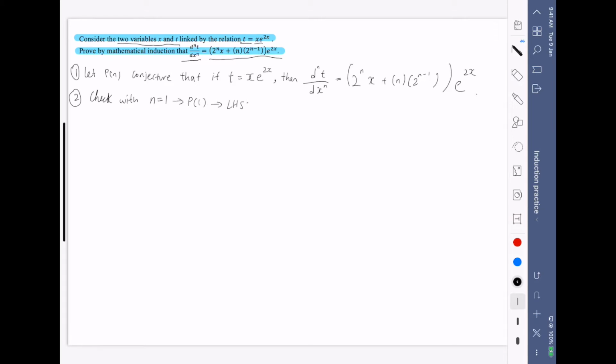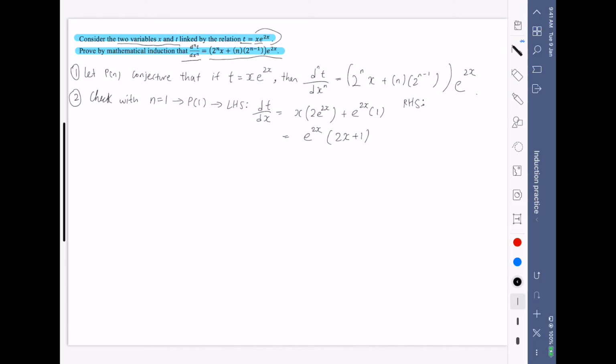Let's look at the left-hand side first. If we differentiate the left-hand side, that would be dt over dx, and if we use the product rule here, that would give us x times 2e^(2x), the derivative of e to the power of 2x, plus e to the power of 2x times 1, which is the derivative of x. If we take off the common factor, that gives e to the power of 2x multiplied by (2x plus 1). Now let's look at the right-hand side.